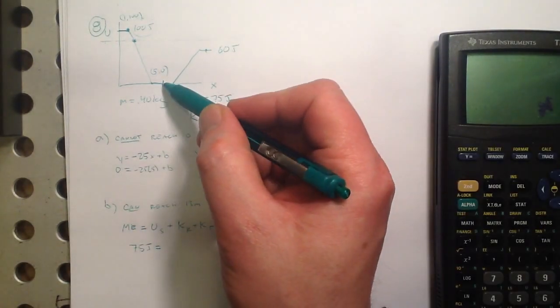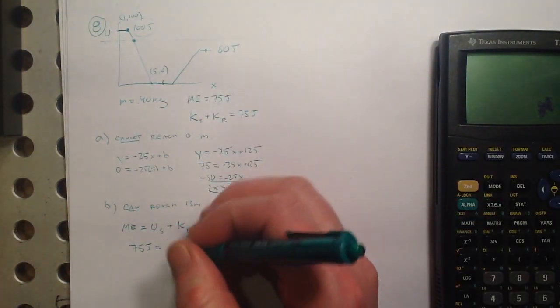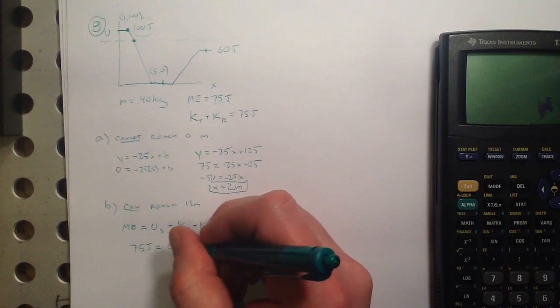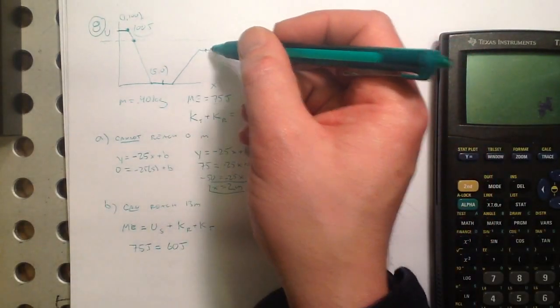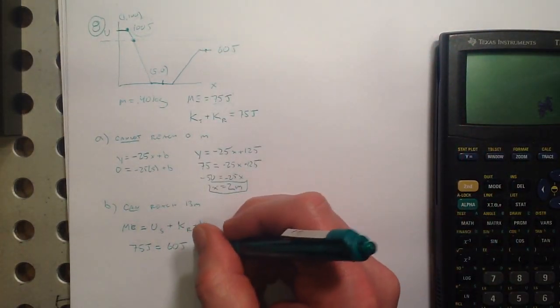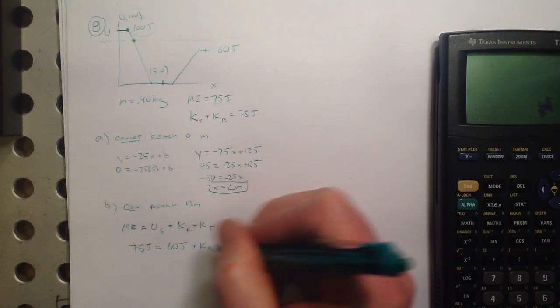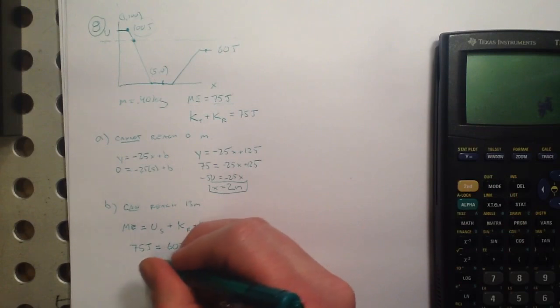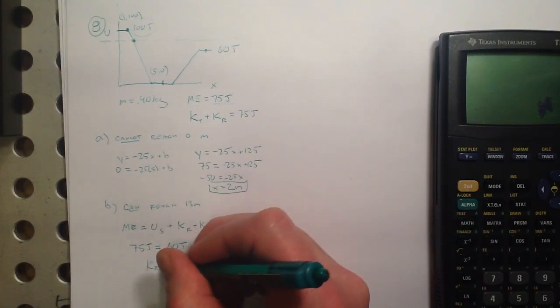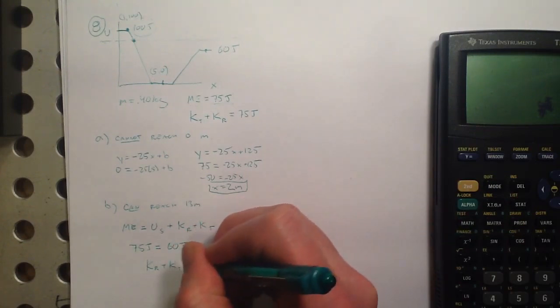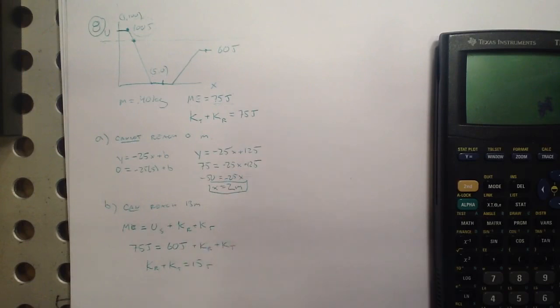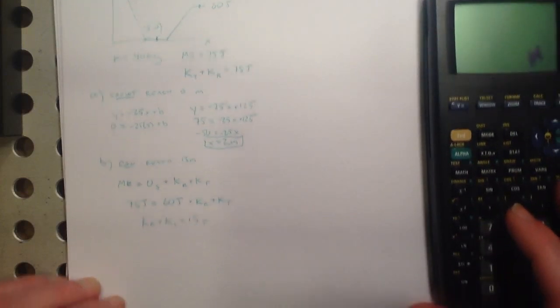Because it had 75 kinetic here and nothing else. And when it makes it to there, it'll have 60 joules of potential. So you might have figured this out without writing this equation down, but it all boils down to that. There's 15 joules available for it to roll along. So how fast is it going?